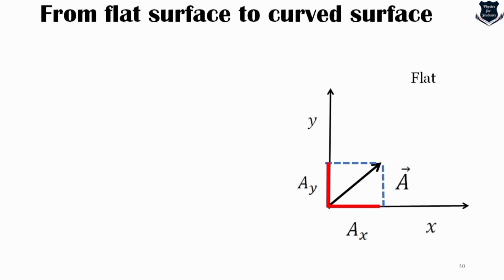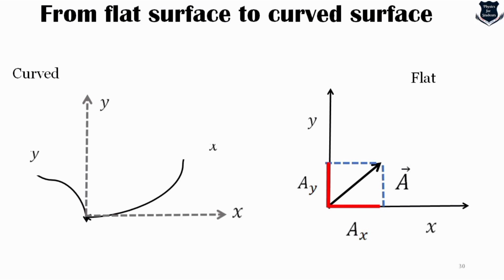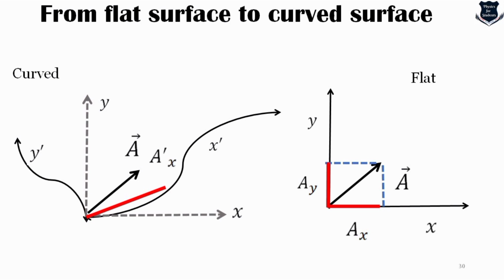Now what we do is draw something on a curved space. This xy will be the same one, but we draw it on a curved space, so the x and y take this kind of shape. The vector remains the same, this A remains the same, whereas the vector components, the x component, named A prime x, and the y component, named A prime y, go into a different length, which you can see.